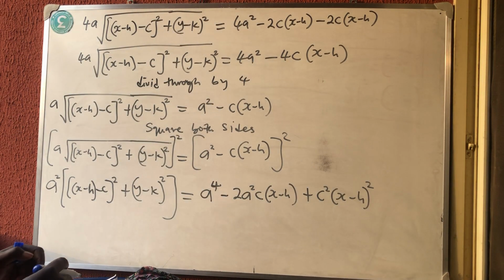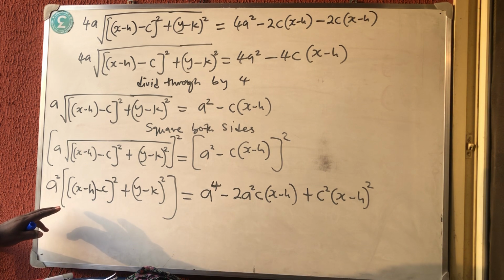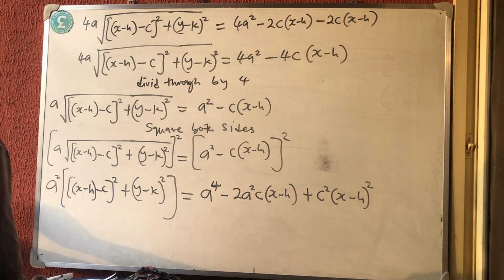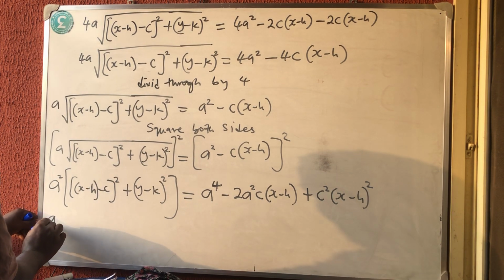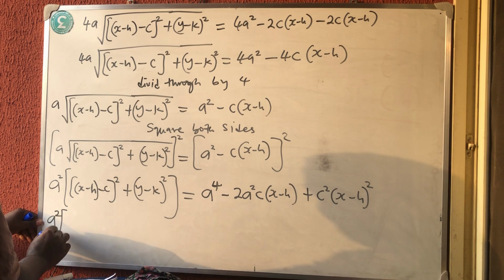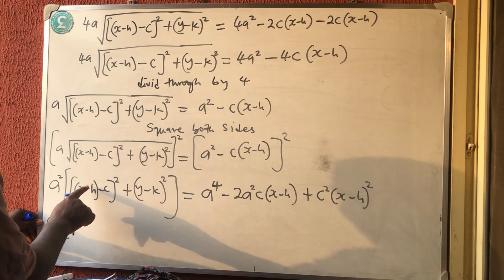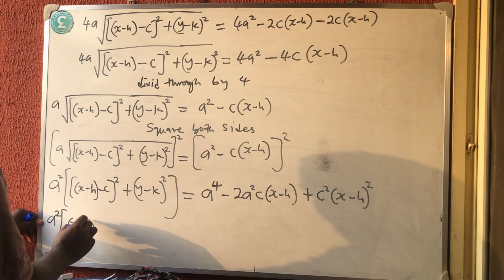Let me open the bracket here. I'm still having a squared here, in bracket of opening this one, square the first one. I'm going to have what? (x minus h) all squared.